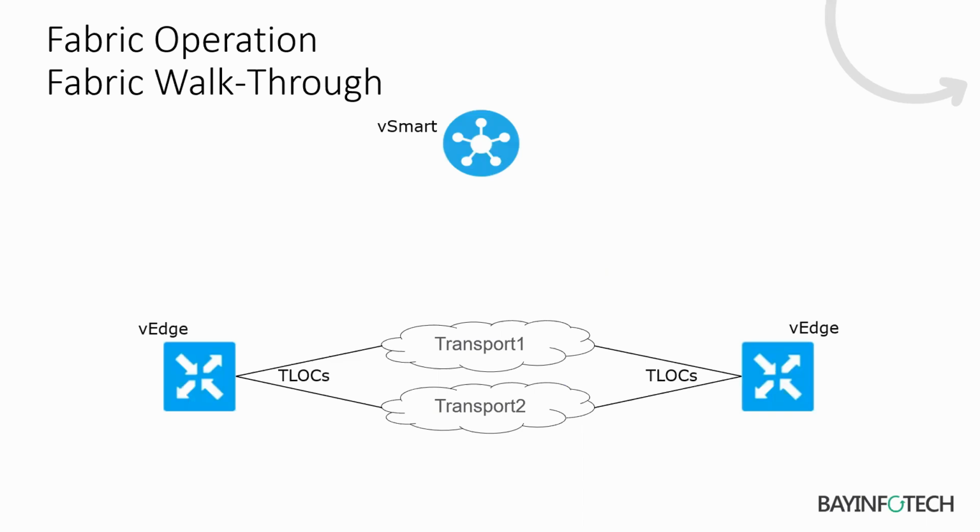Now, to understand the basic Cisco SD-WAN fabric operation, let's look at a simple example. Let's consider a starting point where vSmart controllers have been brought online and two vEdge routers, one at each remote site, are trying to connect as part of a zero-touch provisioning bring-up process.